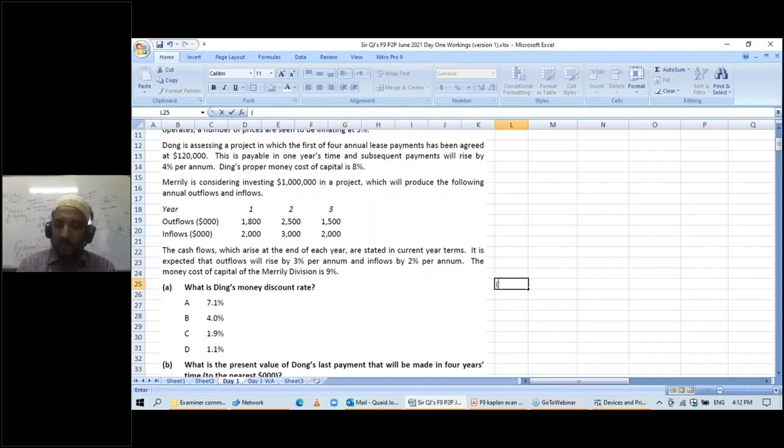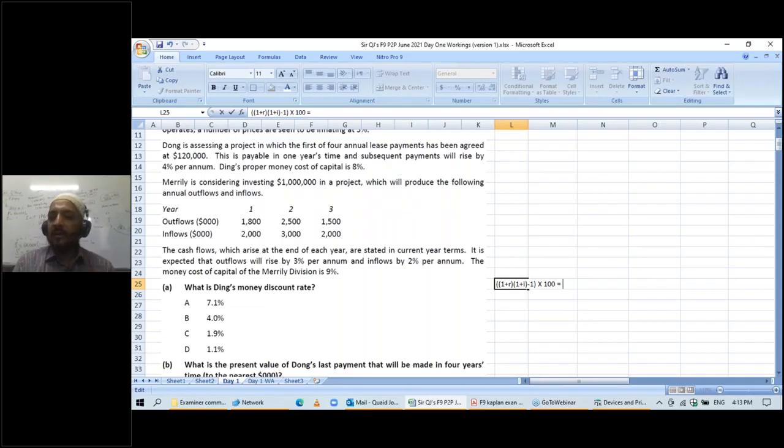It is 1 plus R, where R is the real rate of return, multiplied by 1 plus I, the inflation rate, minus 1, multiplied by 100. This gives you the money discount rate.